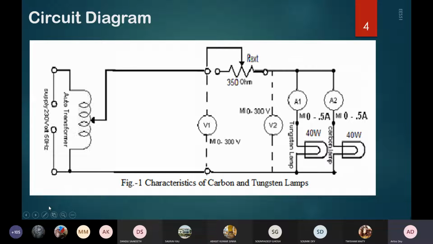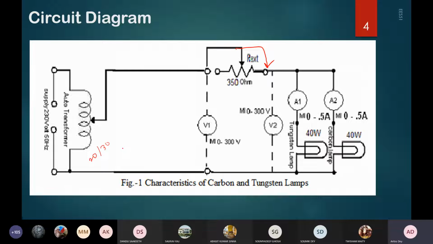Then REXT won't be there, and you gradually increase the voltage level from 0 to 20, then 30 or 40, in steps of 10. For this particular experiment, we have taken 20 steps and gone from 0 to 220 volts.